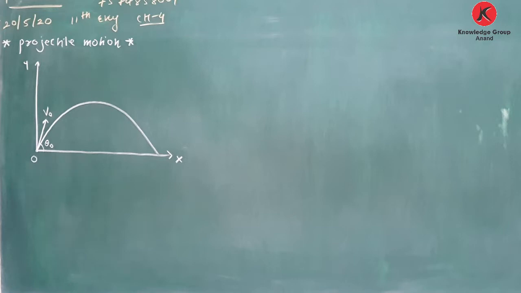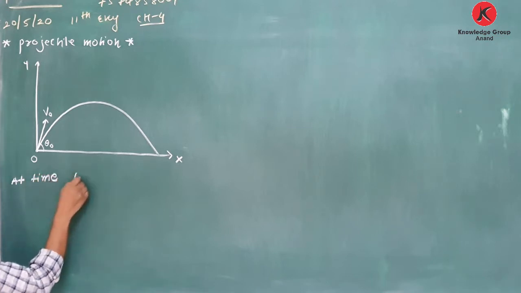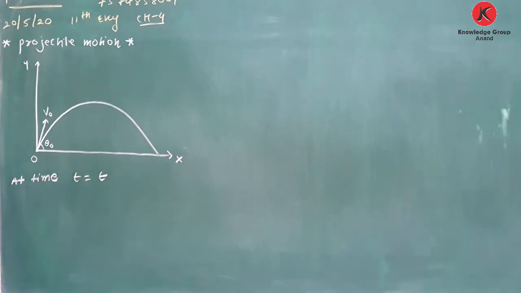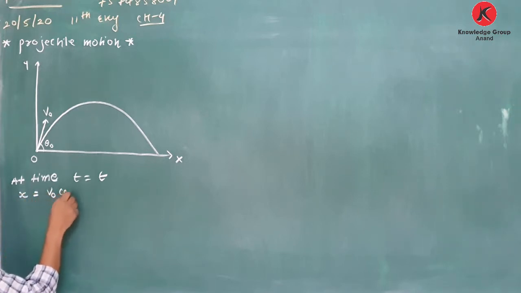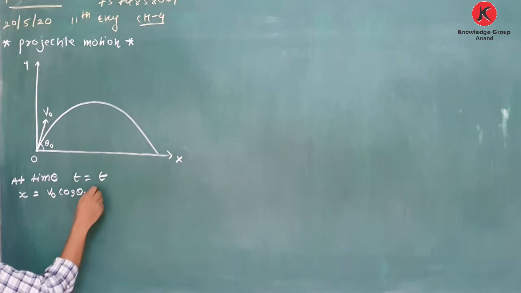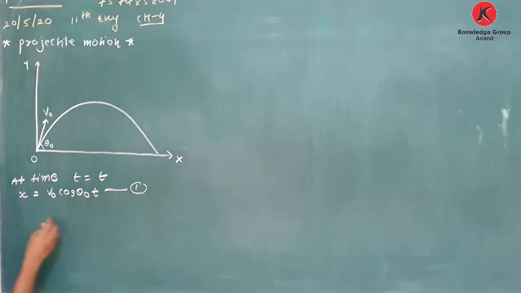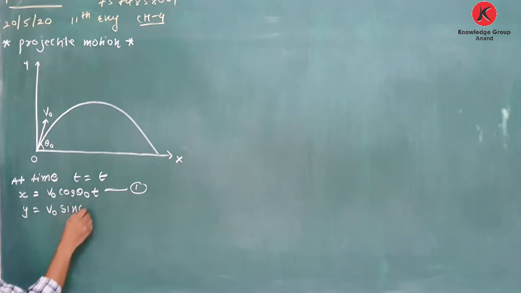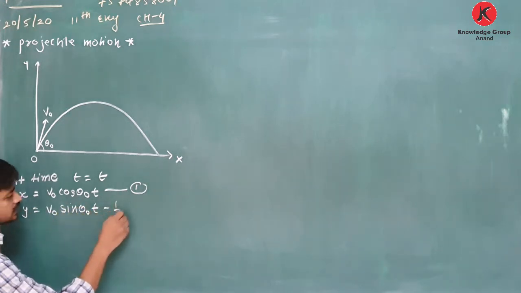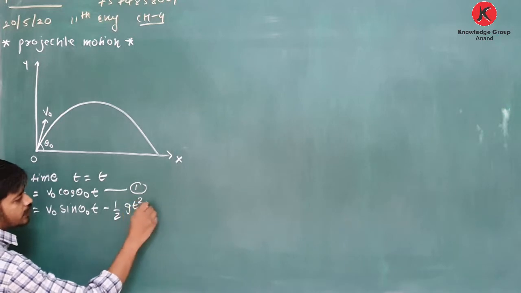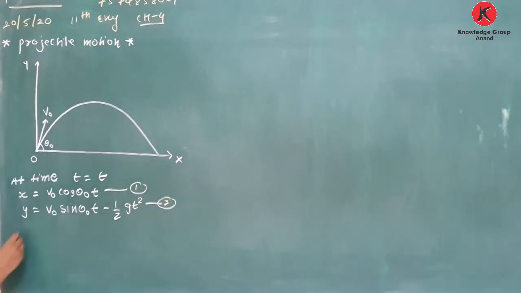At time t, what are the equations? You have to remember four equations. x is equal to v0 cos theta 0 t, equation number 1. y is equal to v0 sin theta 0 t minus half g t square, equation number 2.